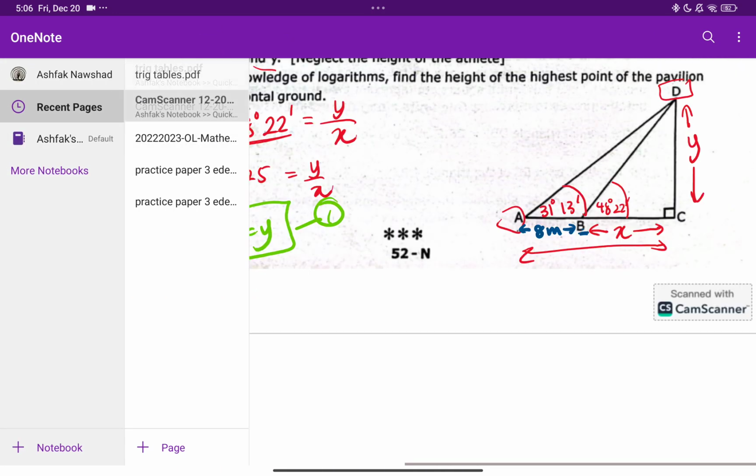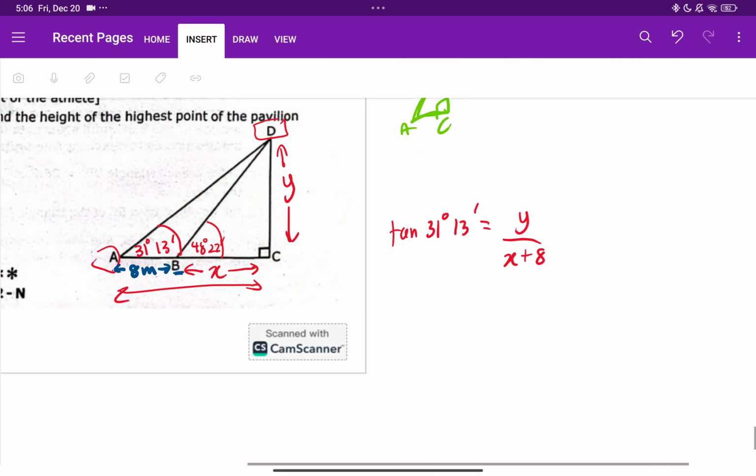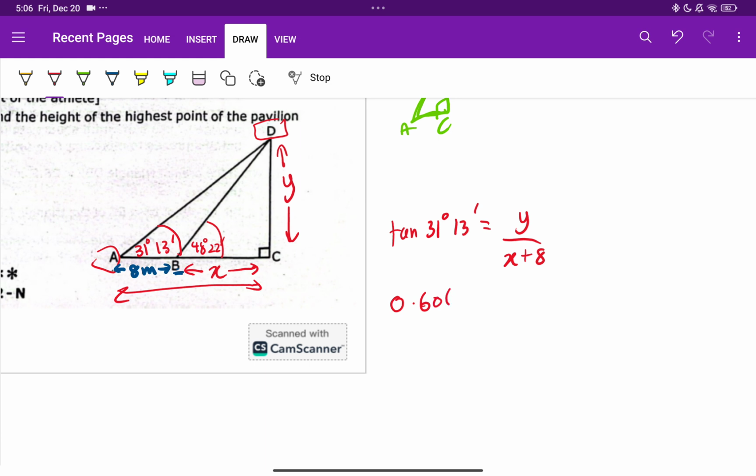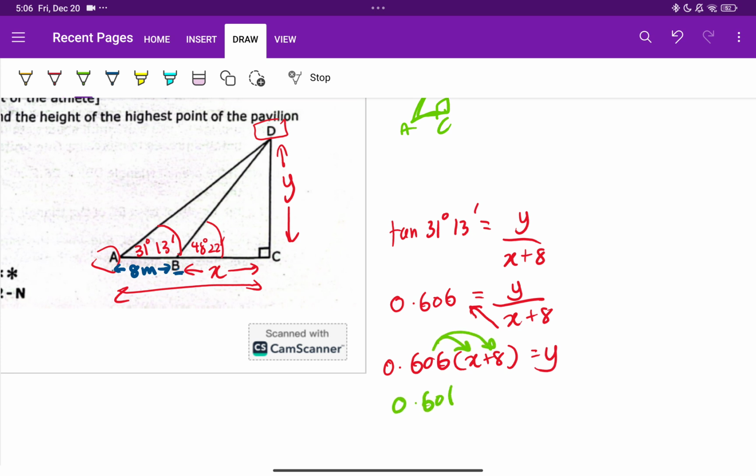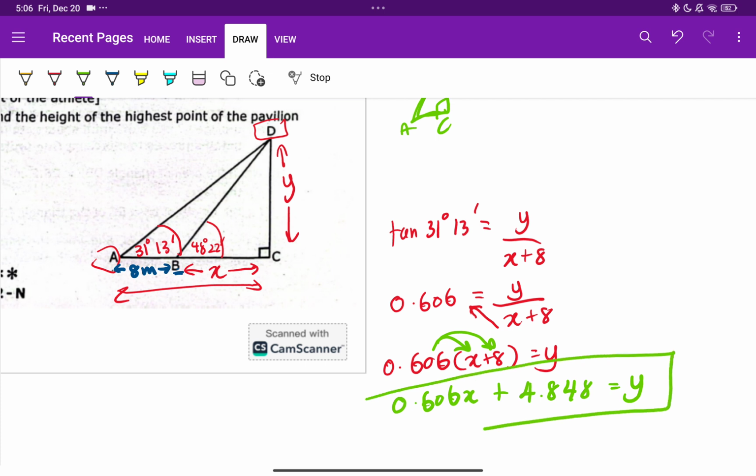Okay, so that would be 0.606 is Y by X plus 8. Now we can eliminate the denominator by multiplying this to the other side. 0.606 into X plus 8 is equal to Y. Now we'll have to multiply this by both the terms. 0.606x plus 4.848 is equal to Y. This is the second equation.